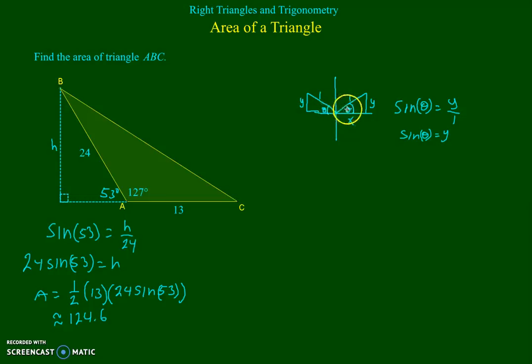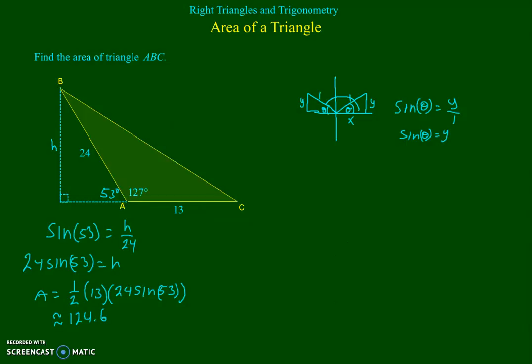So whether we're talking about this angle or this angle, it really doesn't matter, because the sine of that angle is going to be the exact same thing. So let's go ahead and verify that. What we're saying then is that sine 53, because this is the sine of this angle, should be the same as 53 degrees going this way.